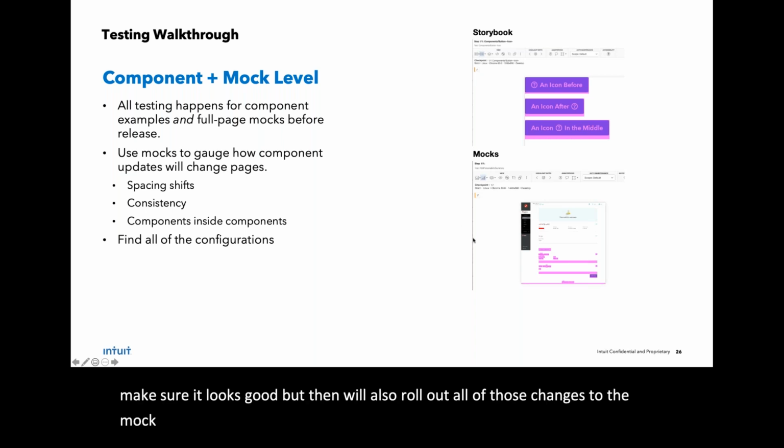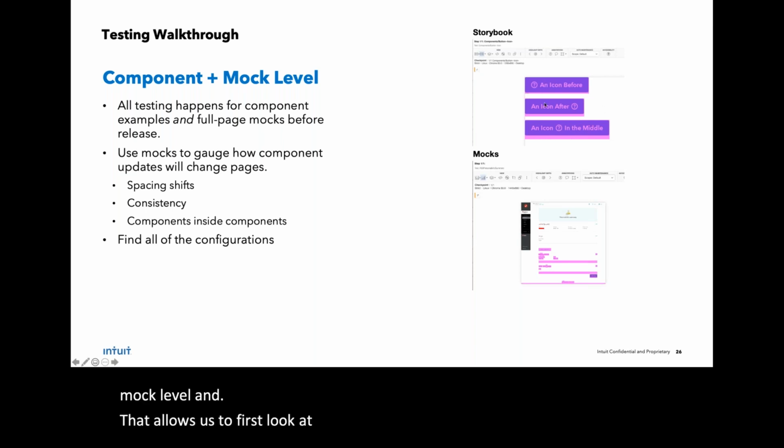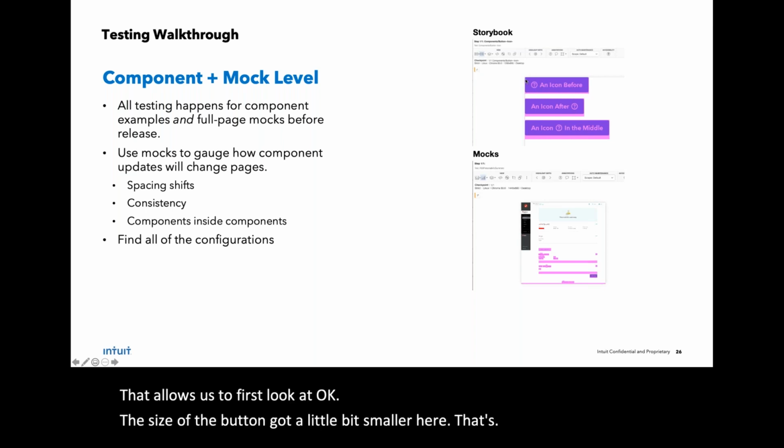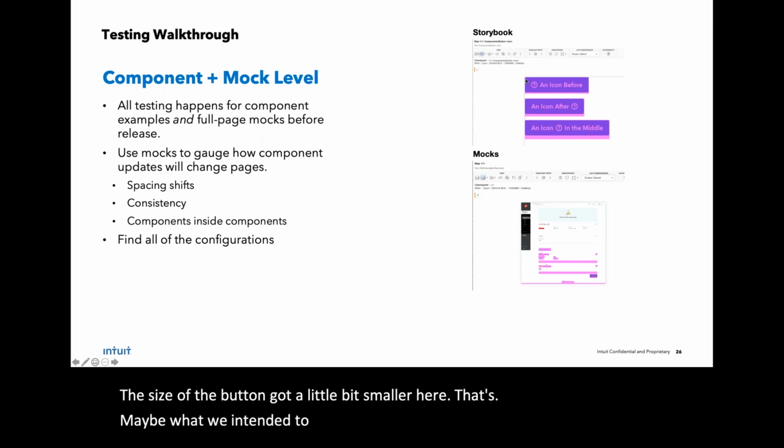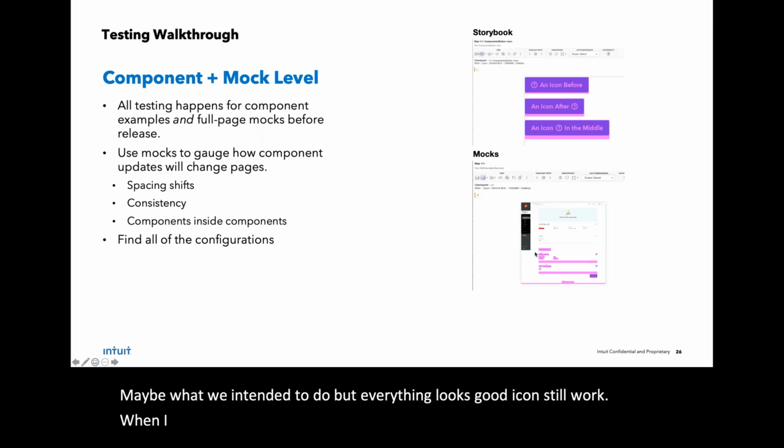And that allows us to first look at, okay, the size of the button got a little bit smaller here. That's maybe what we intended to do, but everything looks good. Icons still work. When I pull that into a page, though, it may have some changes I wasn't expecting.